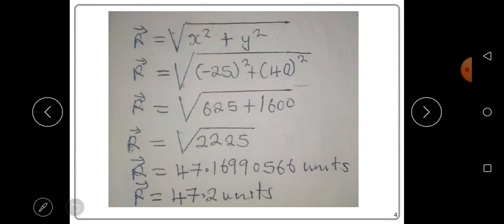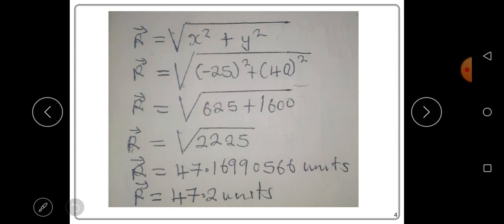Finding the square root of 2225, we get 47.16990566 units. We now write this in 3 significant figures, and it's 47.2 units. So this becomes the magnitude of the vector.